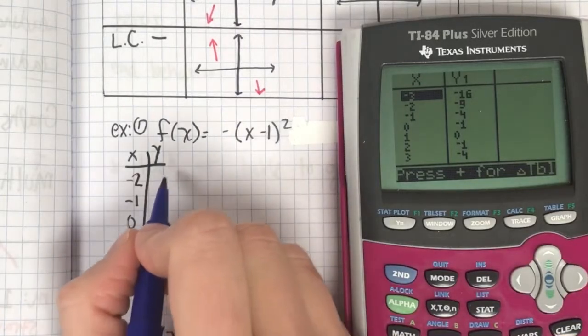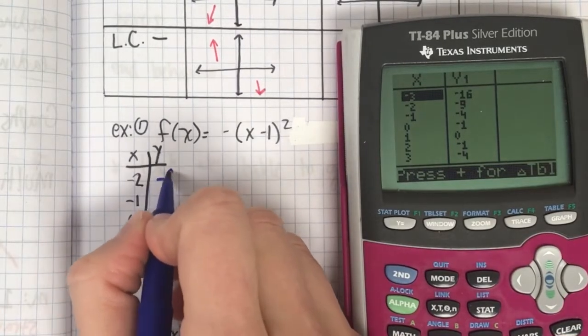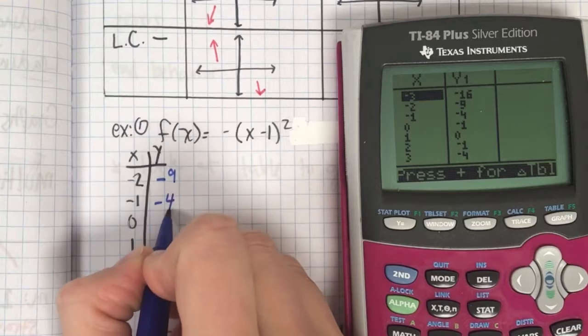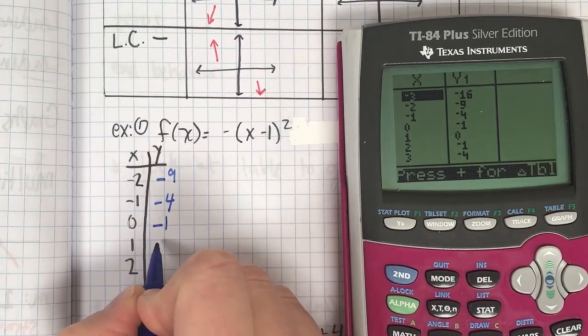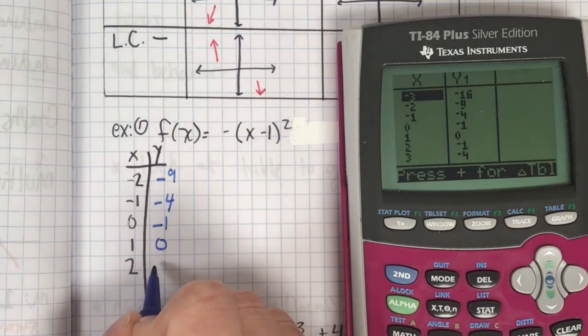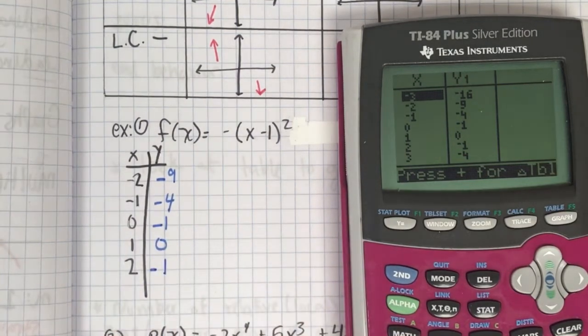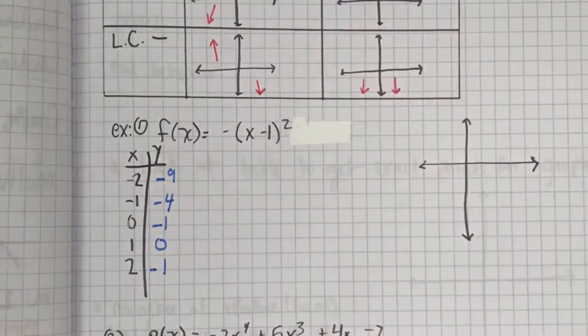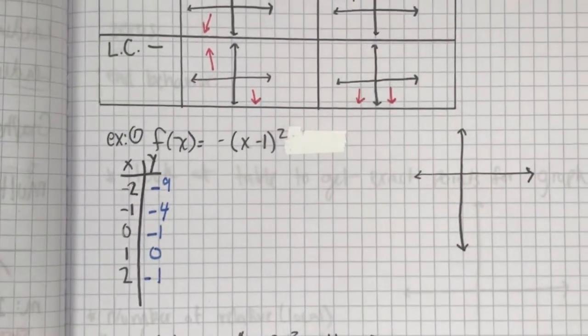So at -2, -9, -4, -1, 0, and -1. Okay, and so from there I can graph my function.